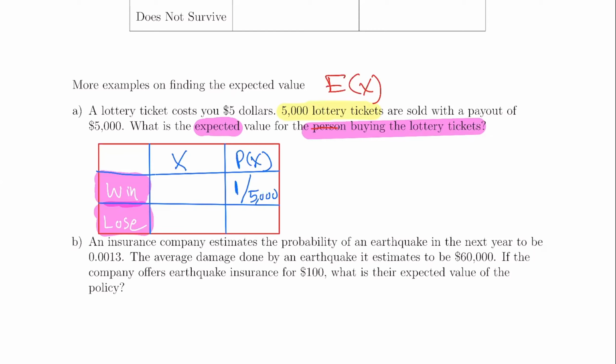If we want to find the probability that they lose, you have to think about the complement.